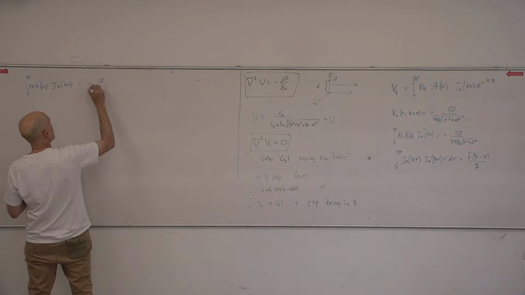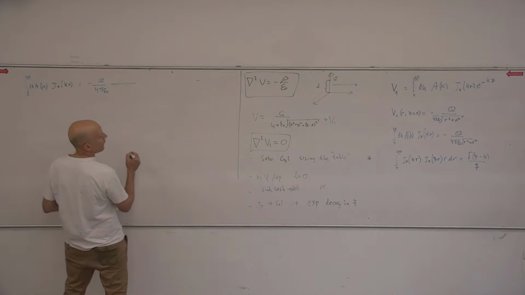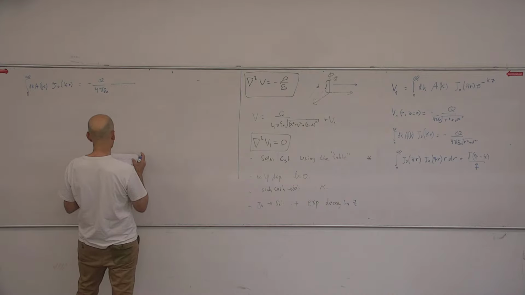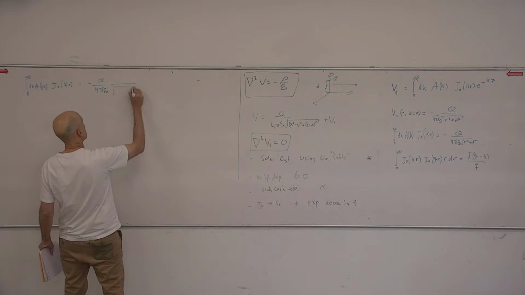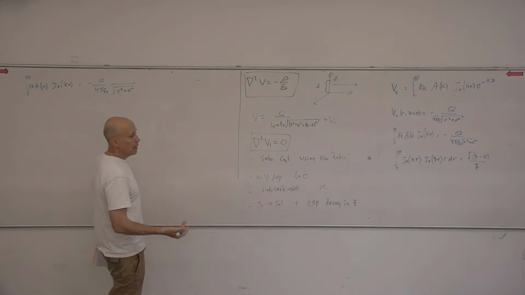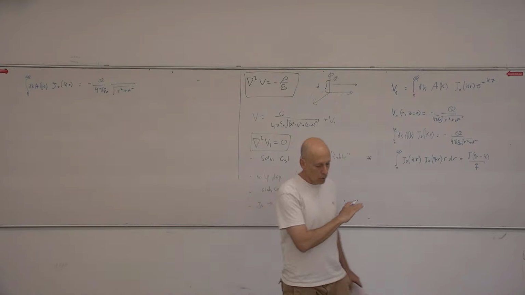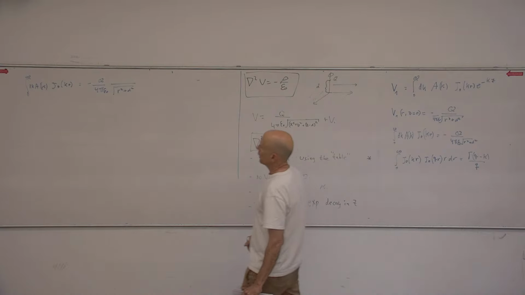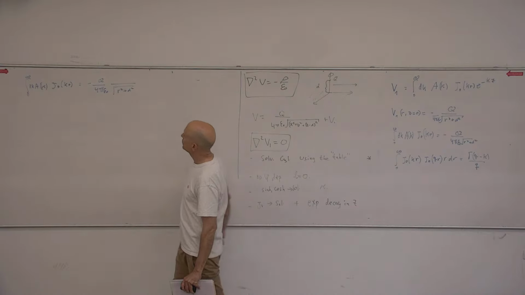minus q over 4 pi epsilon 0. How do I want to write it? With r, r squared plus d squared. This was simply minus the potential on the plane created by the real charge.